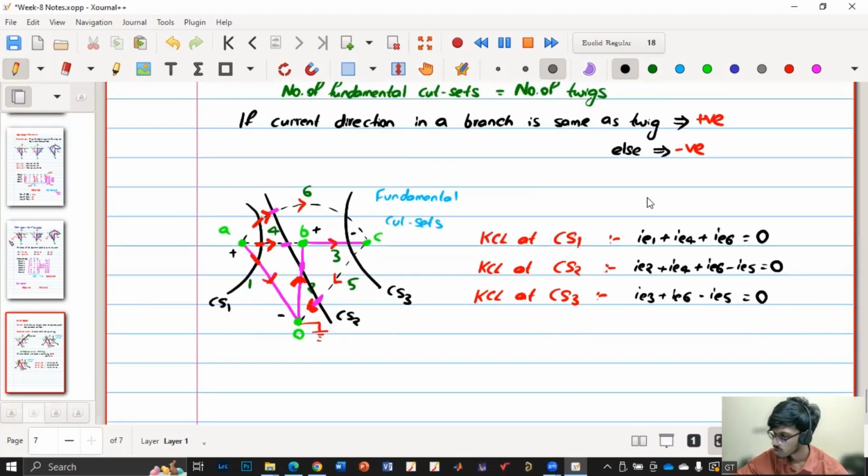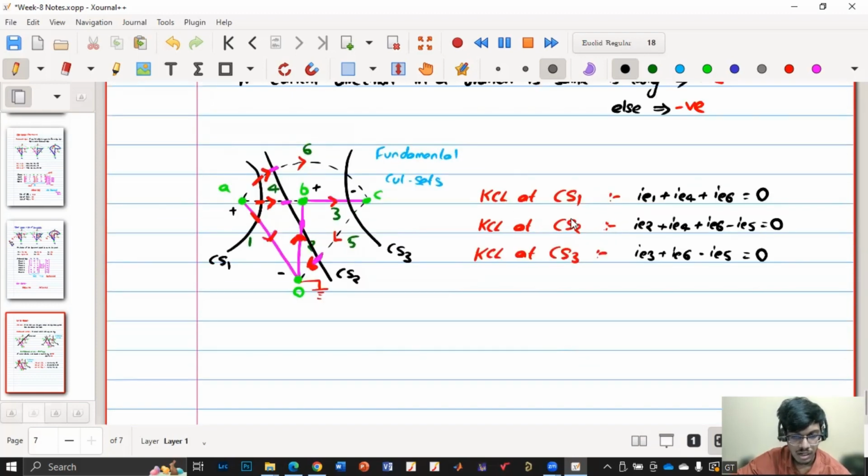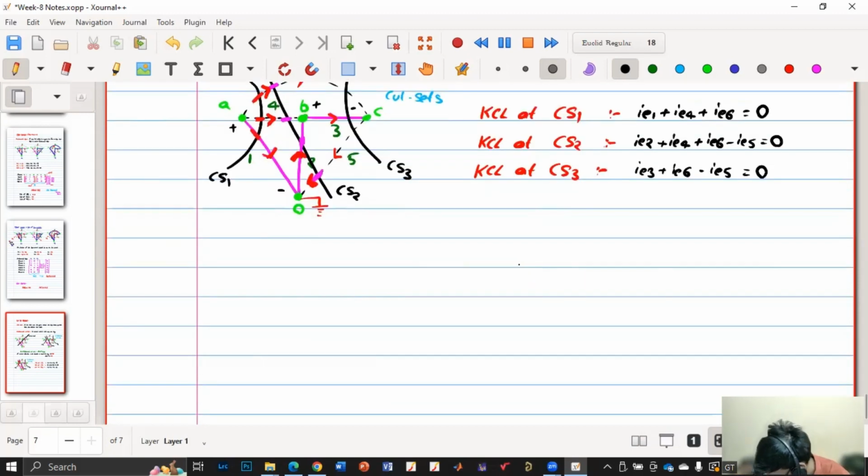Now we have to again write this in the Q matrix times IE equals 0 format. These will be the elements, and here cut set 1, cut set 2, cut set 3.